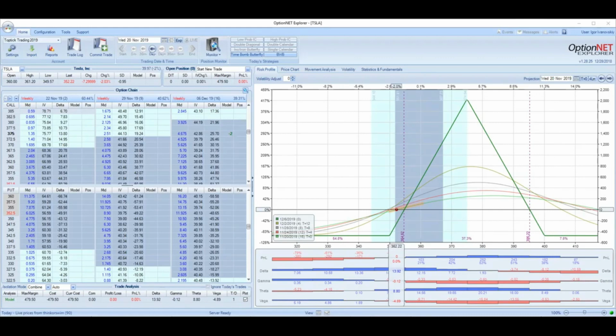Broken wing butterflies may be entered by collecting a credit, but the trade-off is the increase in buying power reduction.